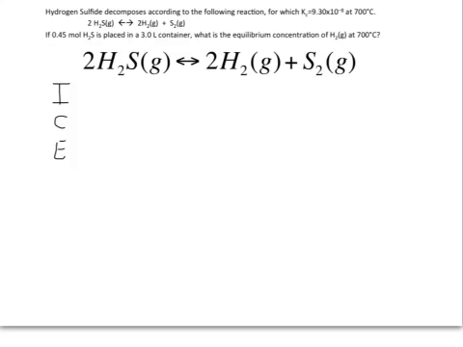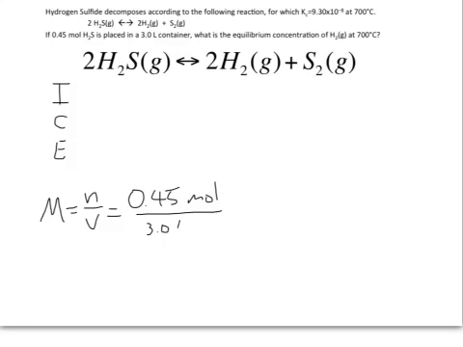So the fact that we're given the amount of H2S in moles means that we need to convert that into a concentration first. Remember that molarity is equal to the moles over volume. So I have 0.45 moles divided by 3.0 liters.